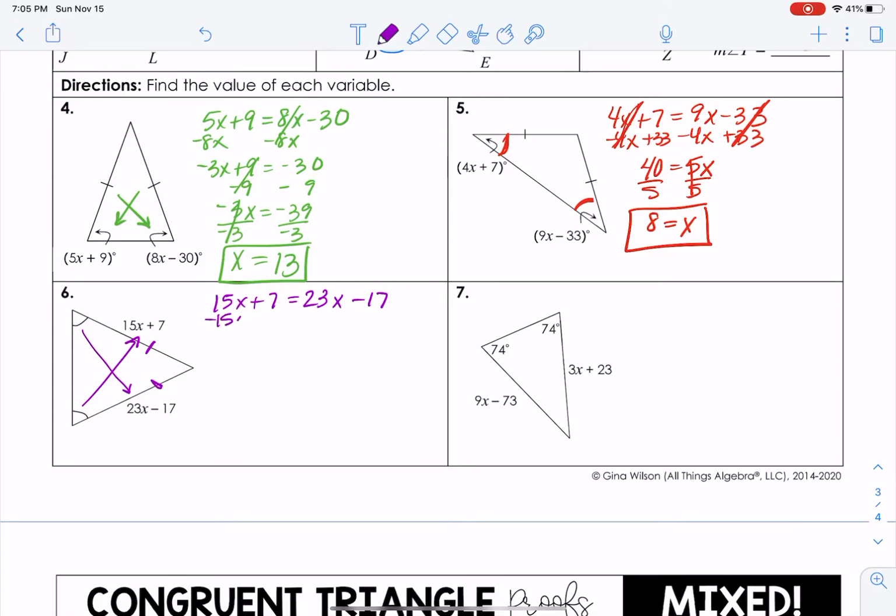By subtracting 15x from both sides and adding 17 to both sides, I get 24 equals 8x, divide by 8, x equals 3.